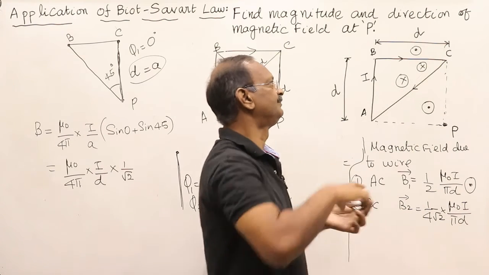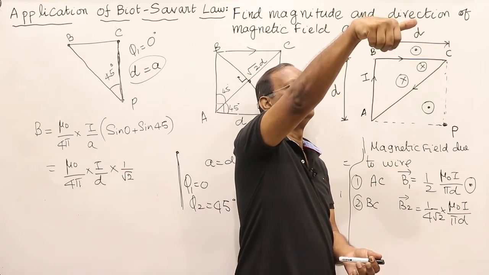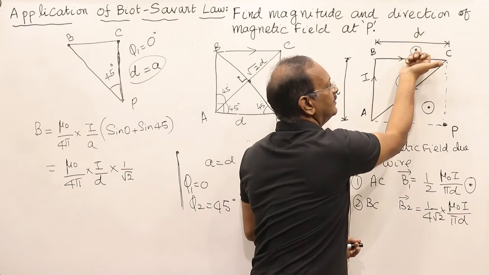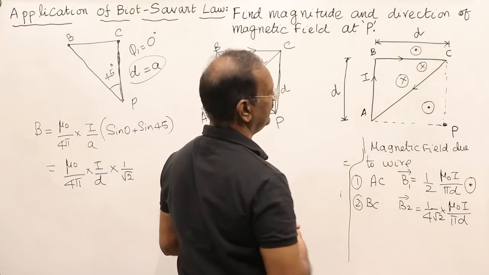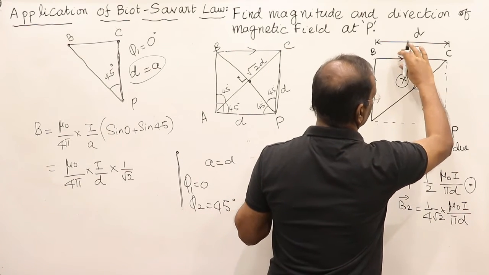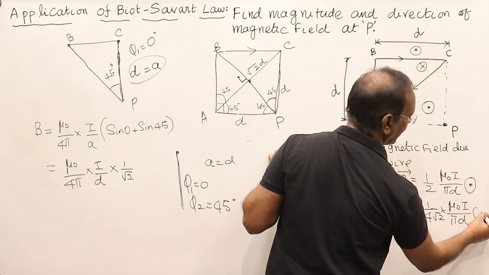See, like this. Then you hold it like this. This side it will go inside, this side it will come outside. So we are interested to find out what is at this point. Due to this conductor, it will be outward.